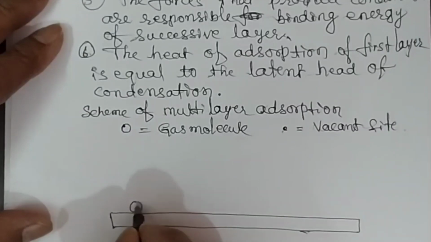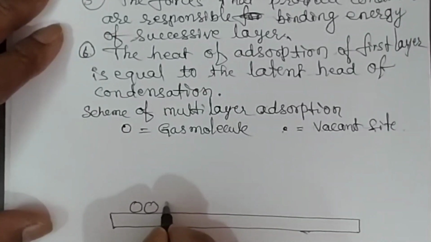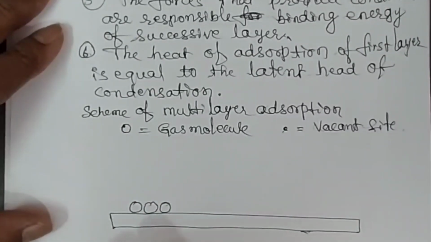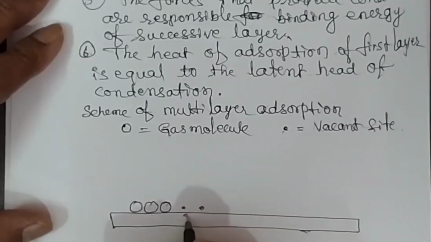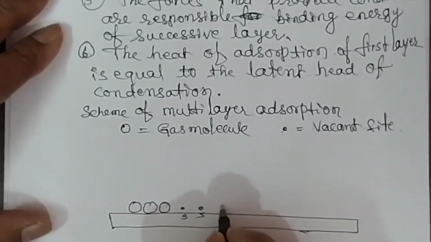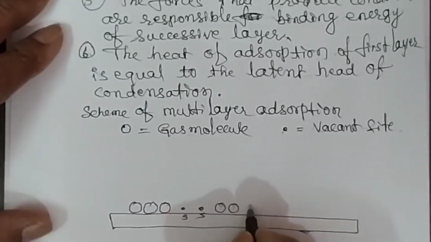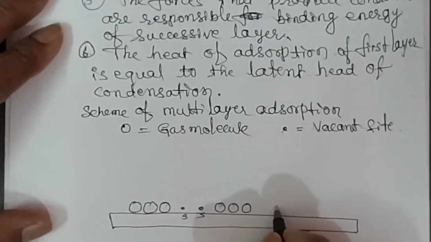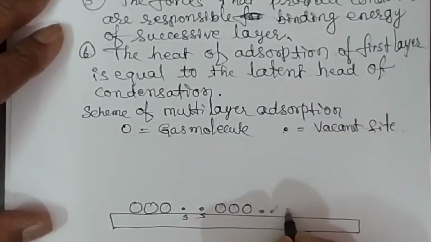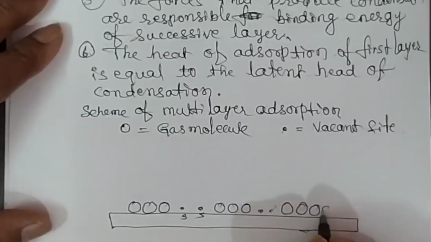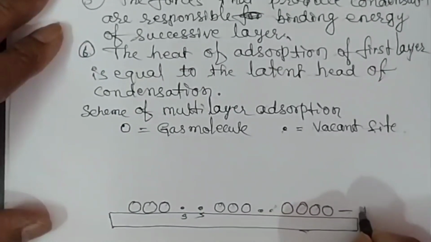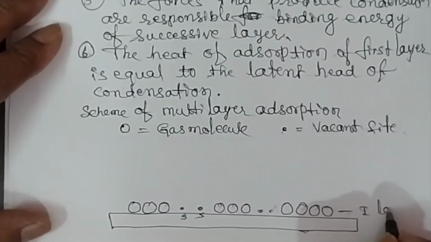One gas molecule adsorbs in this way and forms the first layer, and suppose these are the vacant sites, and similarly another layer is formed and vacant sites are there. Other molecules are also adsorbed. Suppose this is the first layer.